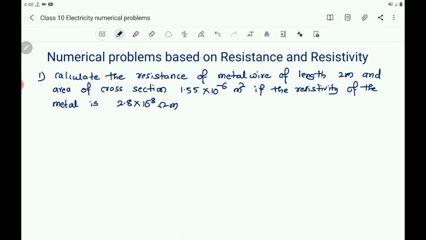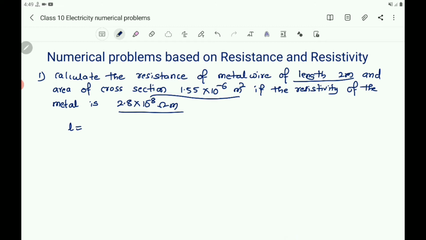Here what is given? The length of the metal wire is given and the area of the cross section is given and also the resistivity of the metal is given. Now let us write the length of the metal wire.